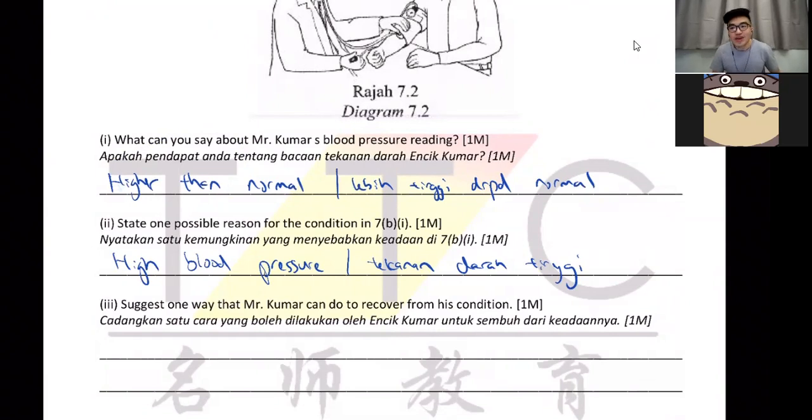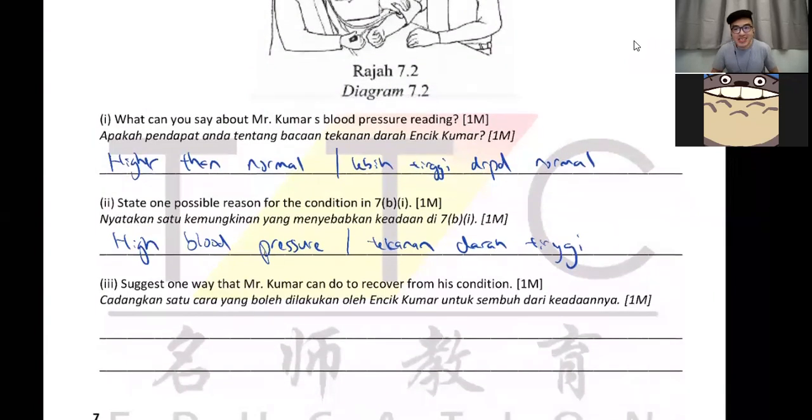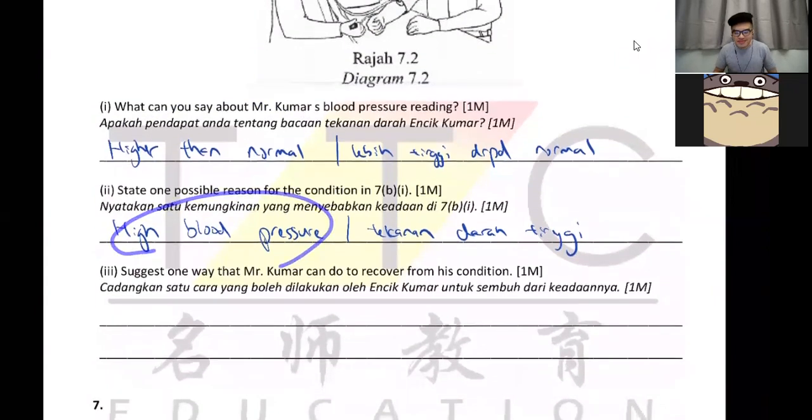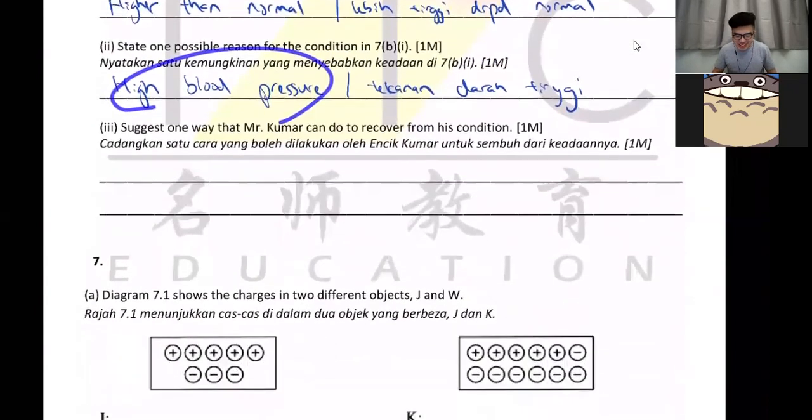Obviously, why are you hungry? Because I'm not full. Okay. If you answer your mom like this, I'm sure your mom is slapping you. But hey, this is the answer. I'm not joking. This is the answer. Why is his blood pressure higher than normal? Because he has high blood pressure. Okay, it's like a troll question.